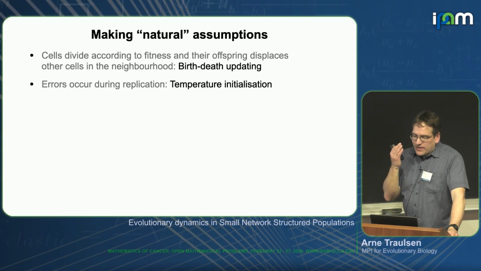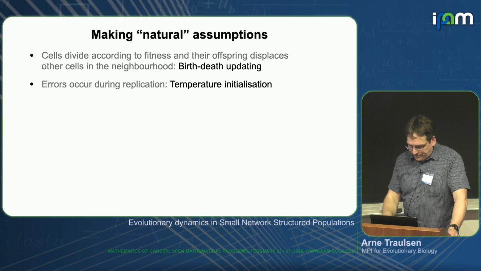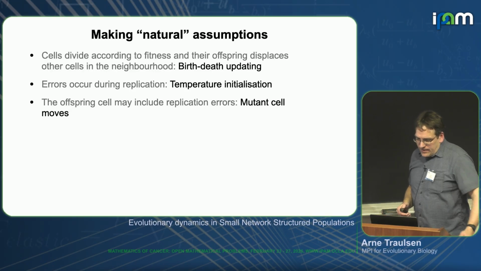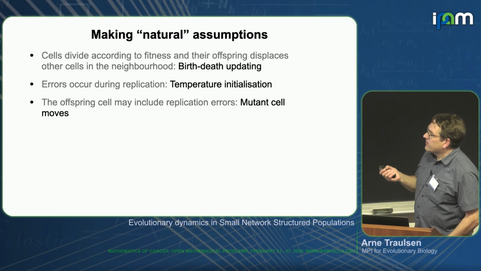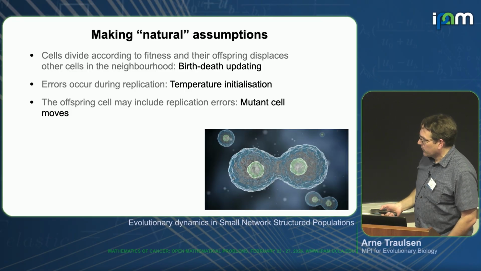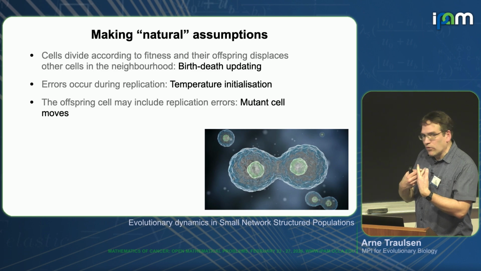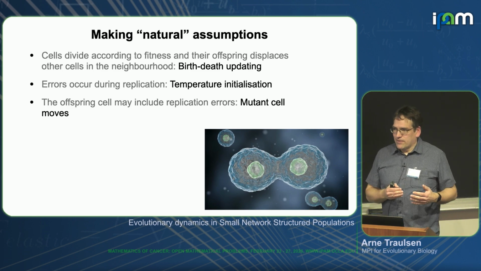And then we assume that errors occur during replication, so we do this temperature initialization. Then we can say the offspring cell may include replication errors, so the mutant cell moves. That's what most people do. But if you have cells dividing, then normally you can't say who's parent and who's offspring. That somehow motivates me to say it could also be the other type that moves.